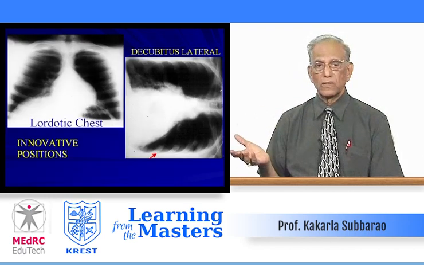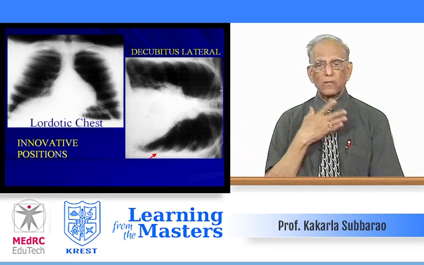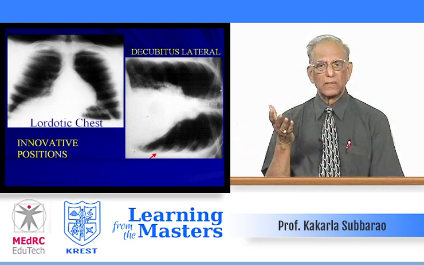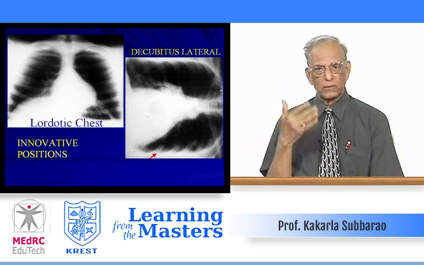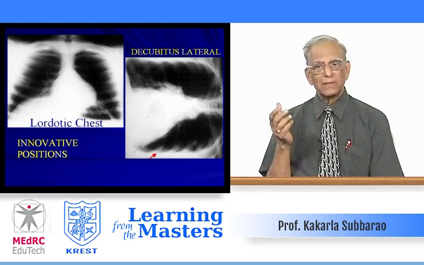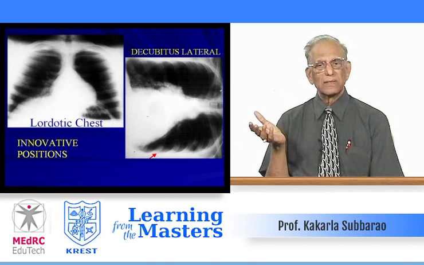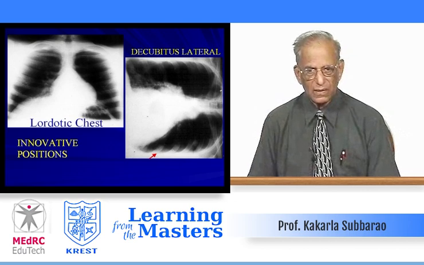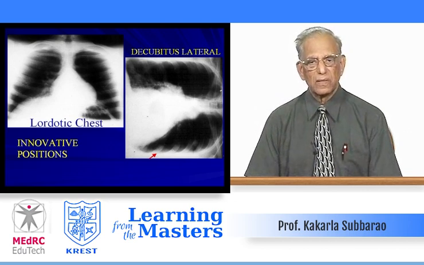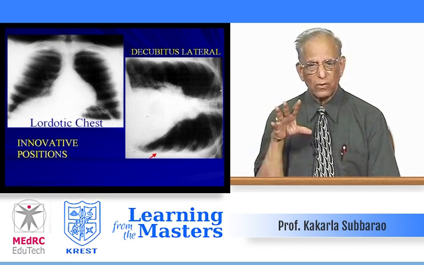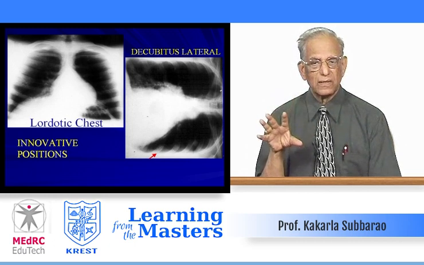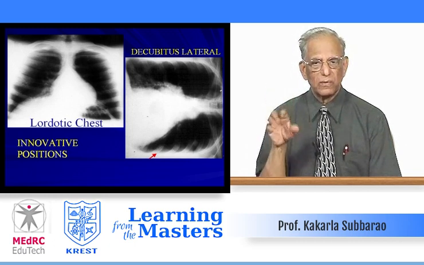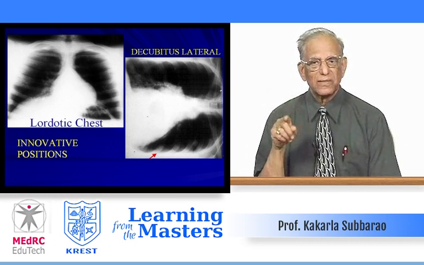Innovative positions, for example, lordotic chest. We always say chest film is essential to diagnose any lesion, particularly tuberculosis, which is because it is common. But then the infiltrates can be missed. Actually, one of the students from Oxford did a research paper a long time ago, and he said, when you are looking for lung pathology, the routine PA film shows only 30% of the lungs.